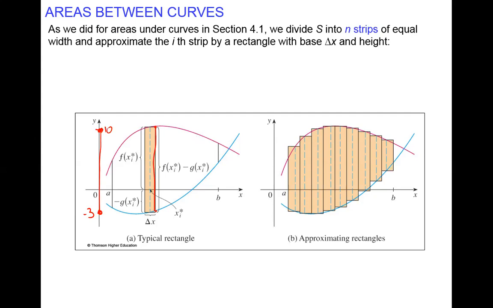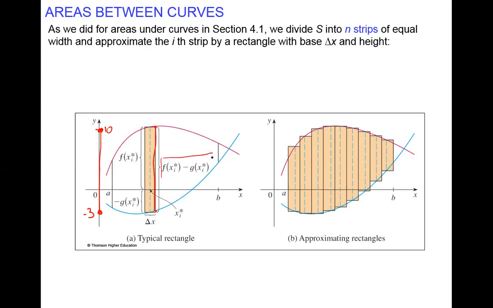We don't even need any special equation, but mathematically we say it's the top value, 10, minus -3, which is 13. So with f of x at the top and g of x at the bottom, to get the vertical distance between them, we take the top value minus the bottom one.